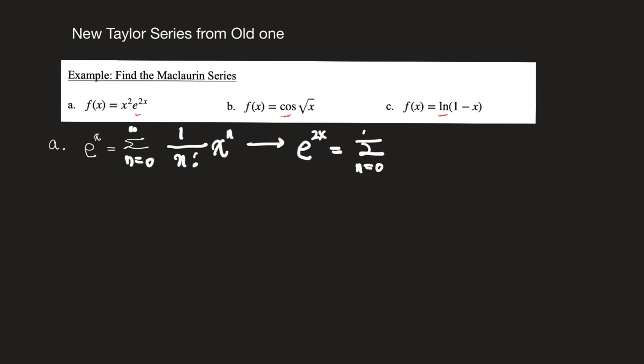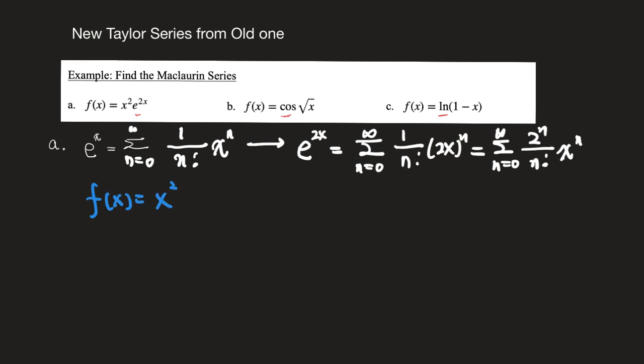The summation n equals 0 to infinity of 1 over n factorial times 2x to the n. Distributing the n into the power, the summation n equals 0 to infinity of 2 to the n over n factorial x to the n. So you find the Maclaurin series for e to the 2x easily. Now we are looking for f of x, which is x squared times e to the 2x.